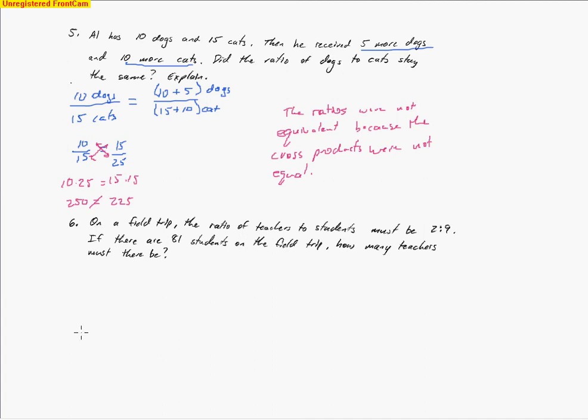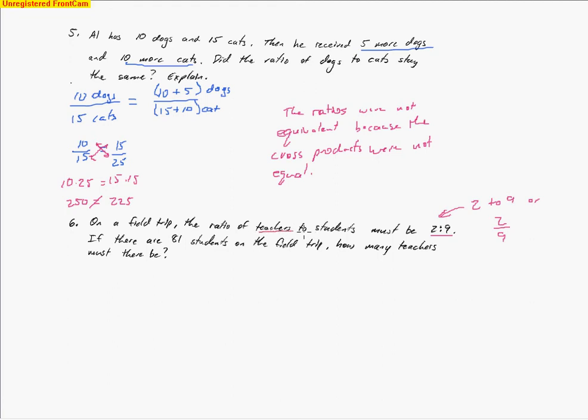So it talks about how on a field trip, the ratio of teachers to students must be 2 to 9. Now notice they have a different formation of this ratio here. They're using a colon. They could say 2 to 9, or we could even use the fraction, 2 over 9. Now notice it doesn't specify the units, but they do tell us the units here.